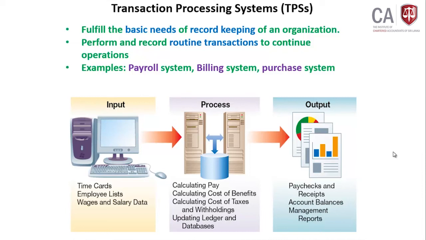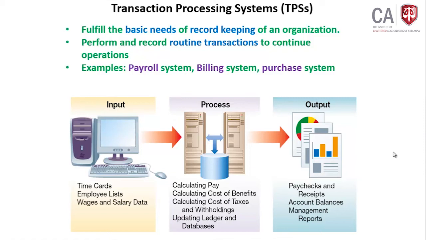Calculating pay: through the attendance machines the server gets the information, and that information will be calculated to pay the overtime. Calculating cost of benefit, calculating cost of taxes, updating ledger and databases, and pay checks and receipt, account balances, management reports. This is the reporting hierarchy, this is the input and this is the process.